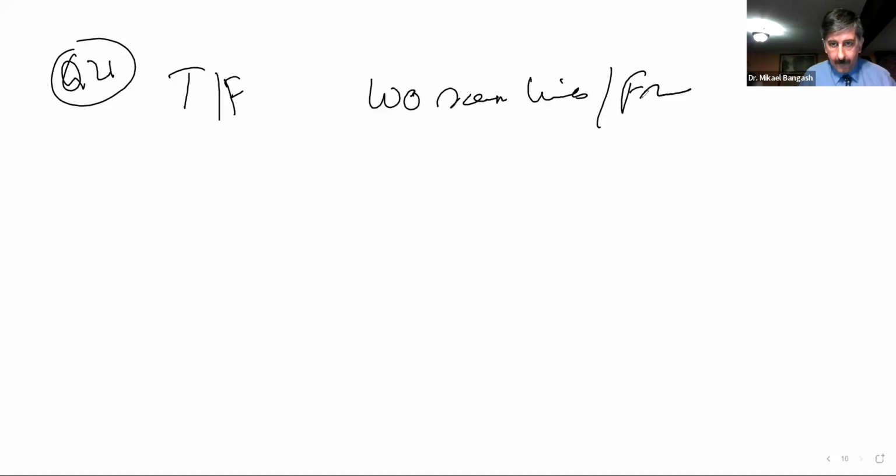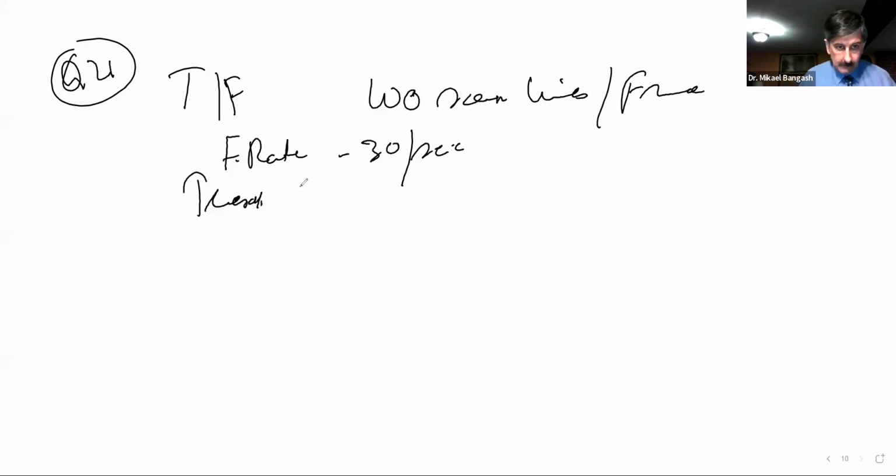If 100 scan lines make up an image, and the frame rate is 30 per second, then the transducer's frequency is 3000 hertz.